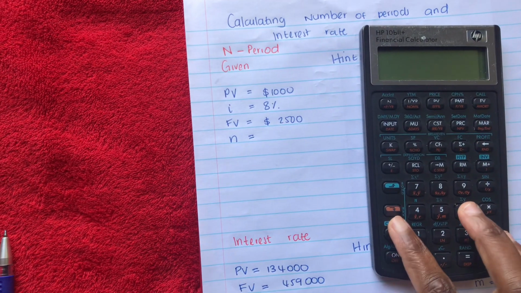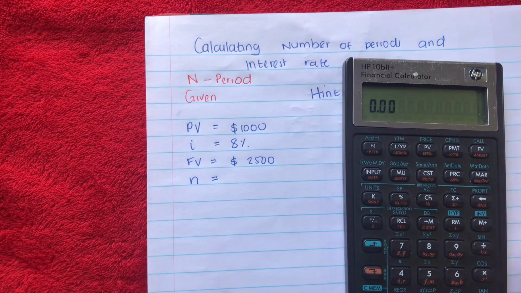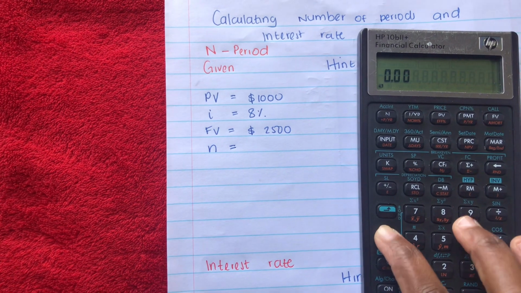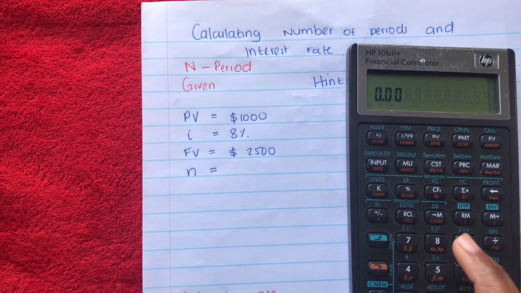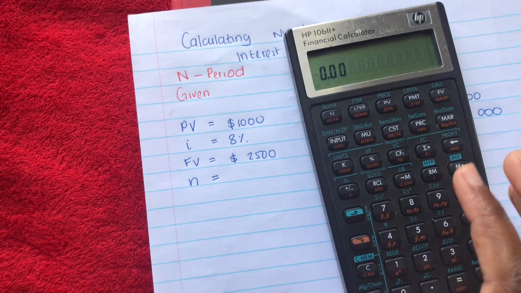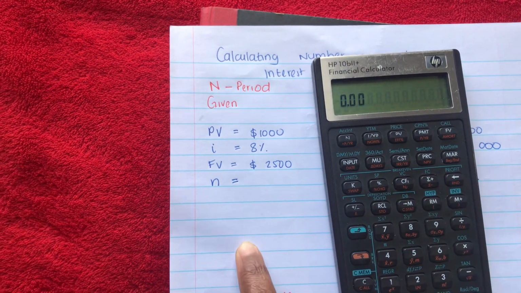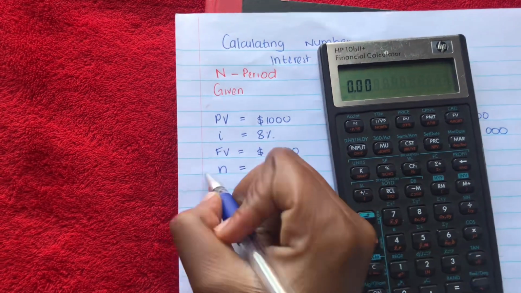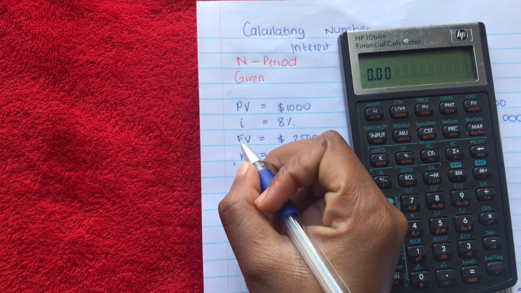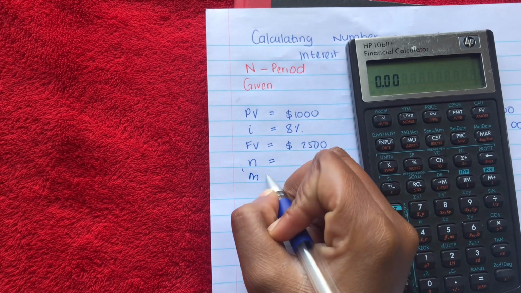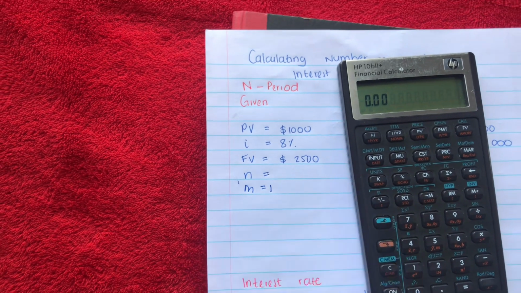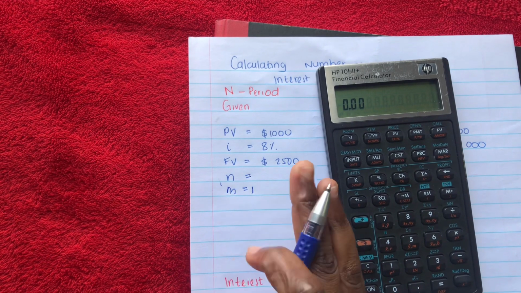So we say orange shift, then we clear all. This one is annual, so our M is 1, which makes it not complicated to calculate.